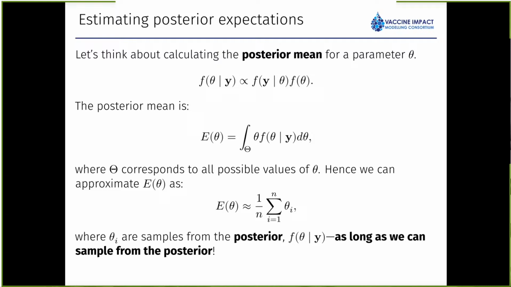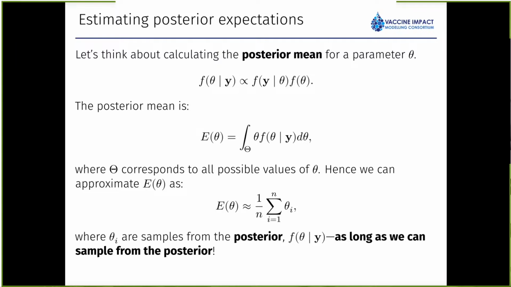So why am I going on about this? Well, let's think about how we might calculate the posterior mean for a parameter theta. I have a Bayesian model with a single parameter theta. My posterior distribution is proportional to my likelihood times my prior. And what I'm interested in is getting a point estimate of the mean of that distribution. So what I'm interested in estimating is the expected value of theta. Using our definition, this is the integral over all possible values of theta times the posterior density function, integrated with respect to theta.